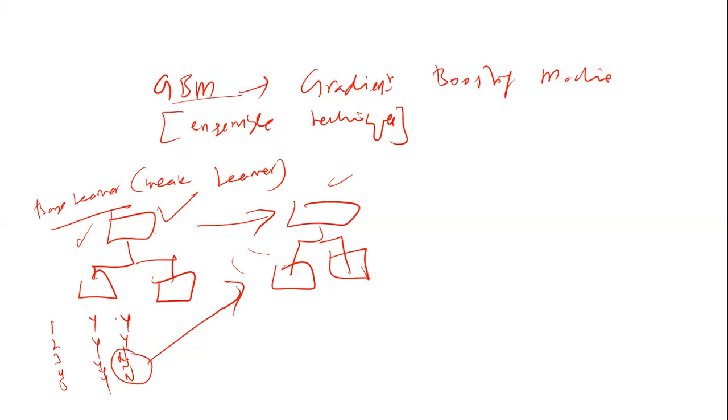It will try to predict the correct label for these wrongly classified labels. And then it uses the gradient boosting algorithm technique, using which it will try to reduce the cost.